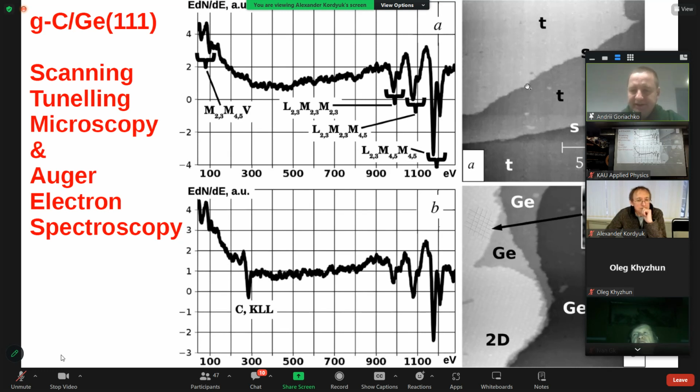Basically here you see a substrate with atomically flat terraces separated by single atomic steps, and some of them are covered by a certain structure, which you can see in detail in the inset. As it turned out, this is how the graphene flakes look under the scanning tunneling microscope in ultra-high vacuum.